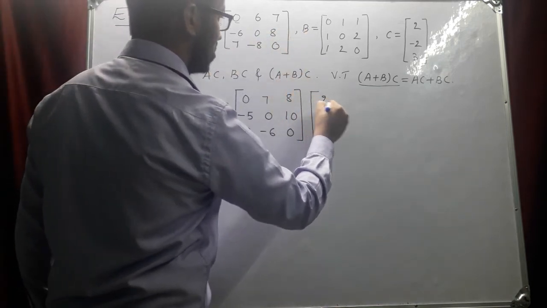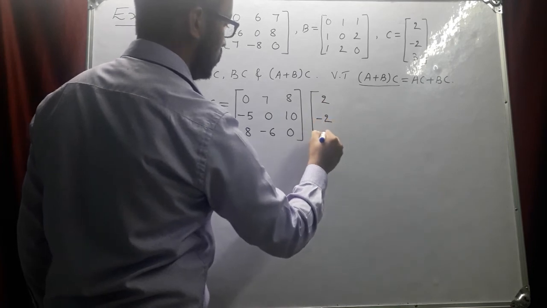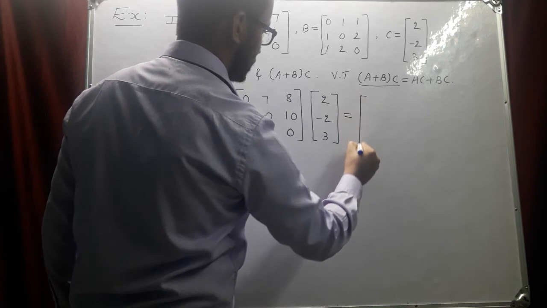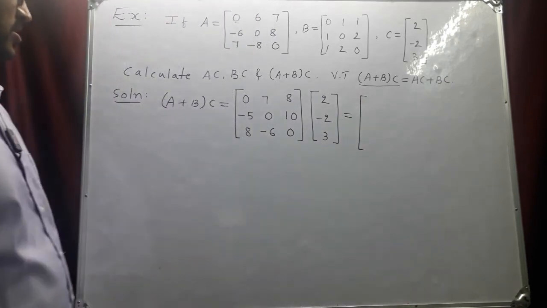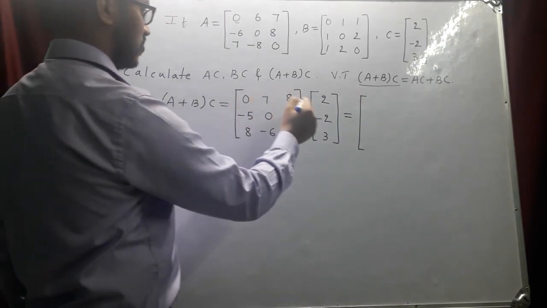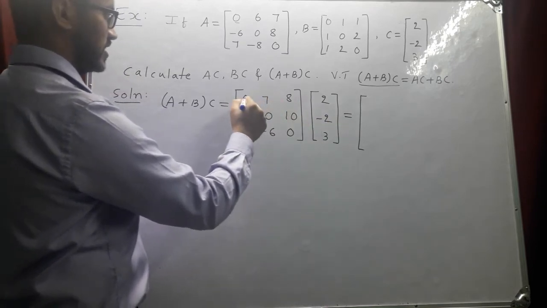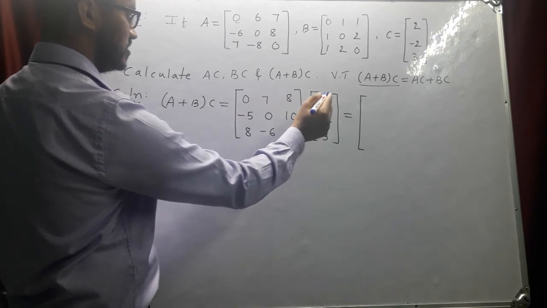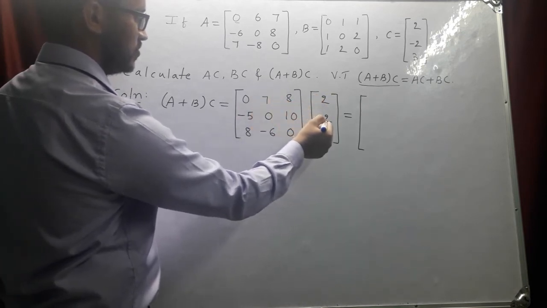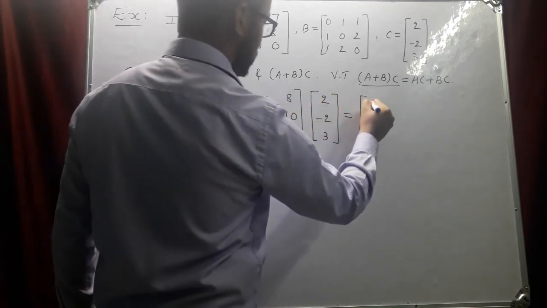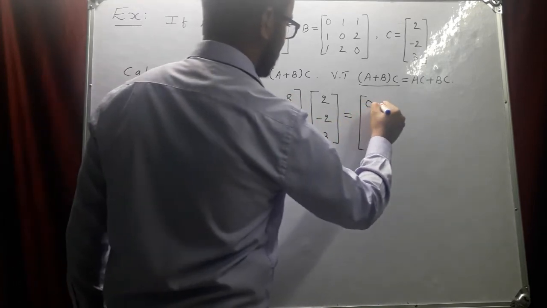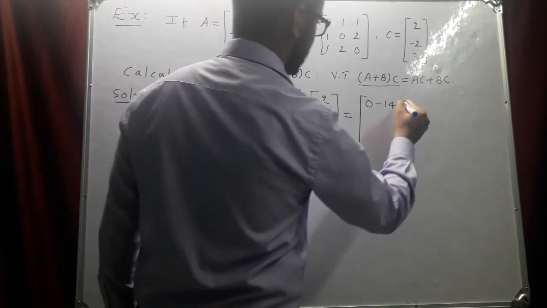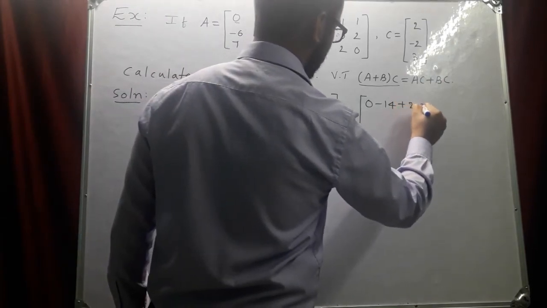C is the column matrix 2, minus 2, 3. And if you find the product, what will we get? First row, first column, that is 0 into 2, 0, 7 into minus 2, minus 14, 8 into 3 is 24.